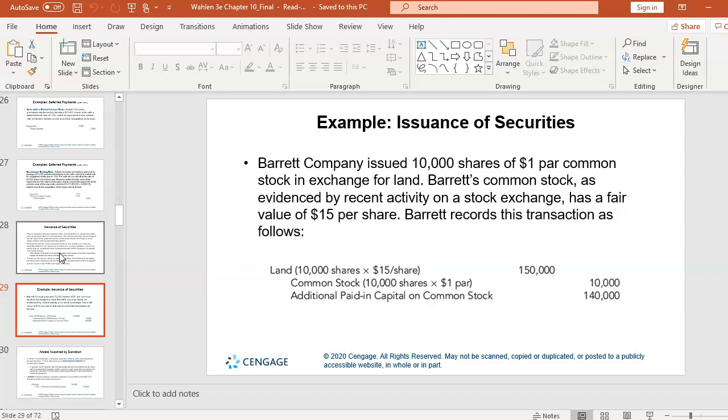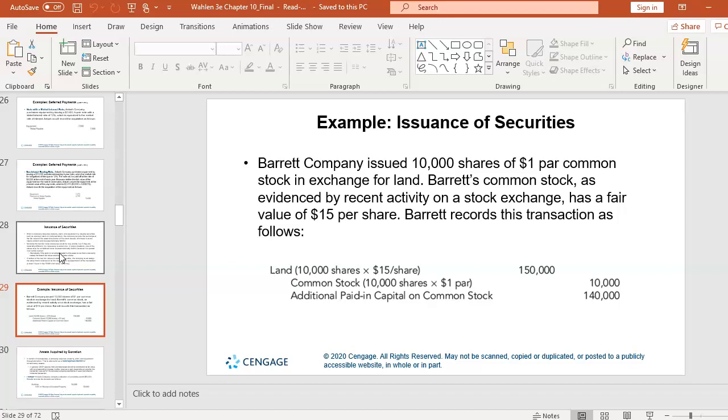So here's an example. This is issuing stock in exchange for land, and these things do happen. Kind of keep in mind when corporations first start out, they may not have a lot of cash, or maybe it's a sole proprietorship or a partnership that's gotten a little bit bigger, and they want to incorporate as a means to be able to sell shares and raise funds for future growth.